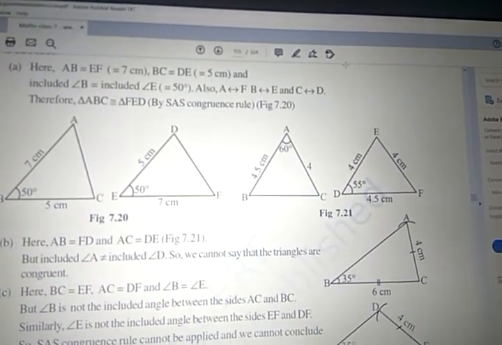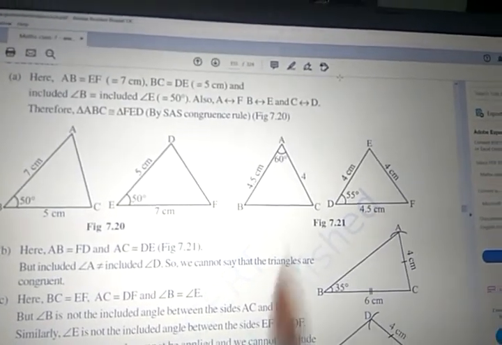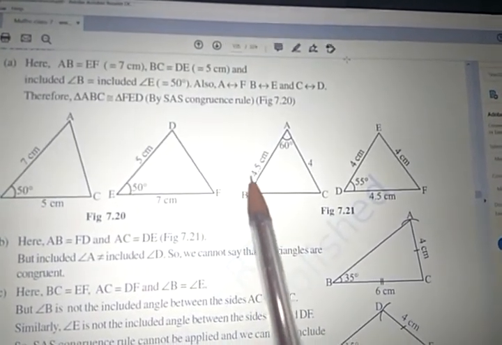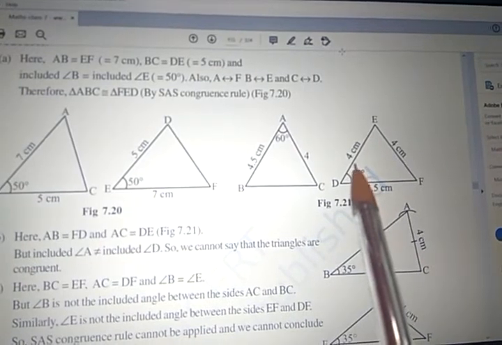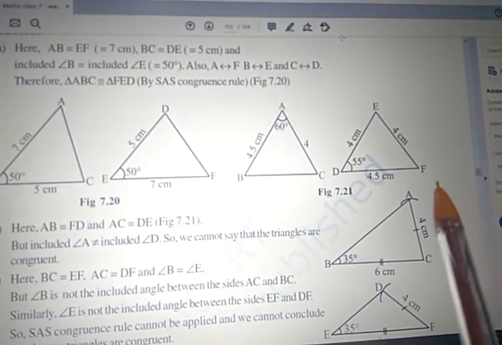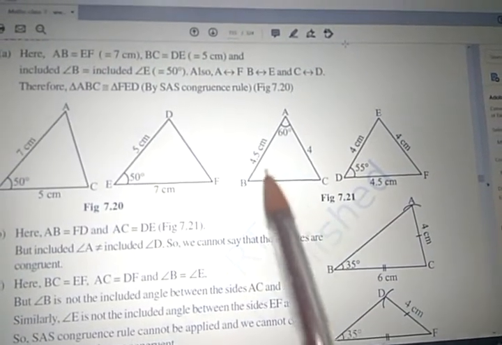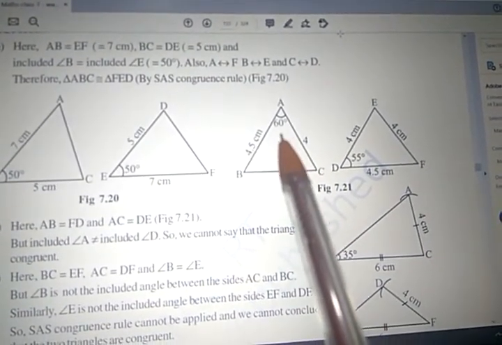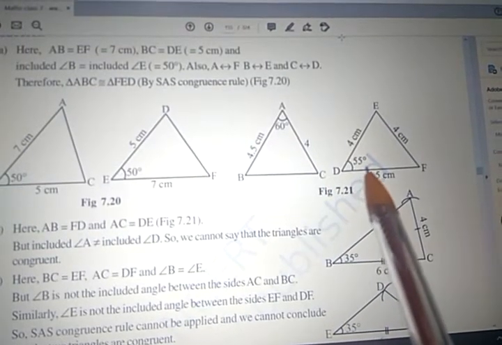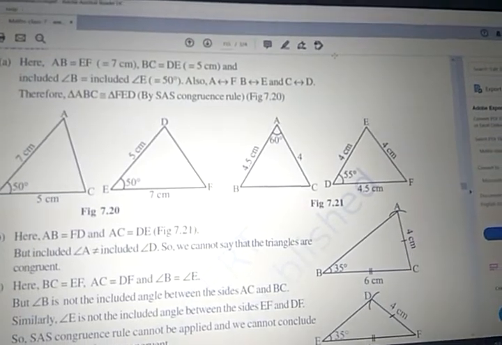Figure number 7.21. When you observe, here also we can observe. Now here 4.5, but here 4 is there. Here 4 is there. Okay, AC is equal to EF, which is right. But here AB is not equal to DF, and that angle is 60 degrees, and here it is angle 55. So here the given correspondence is not possible, right?